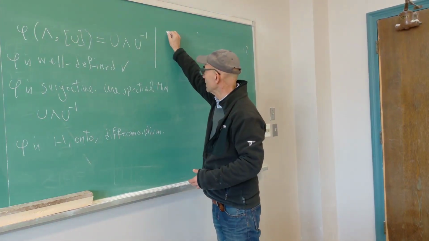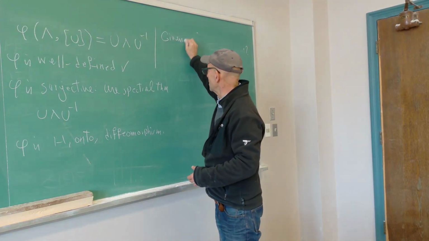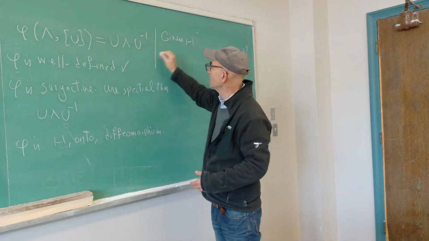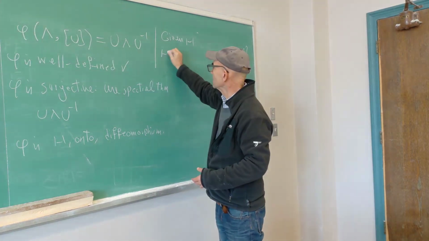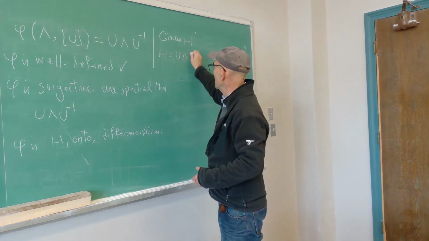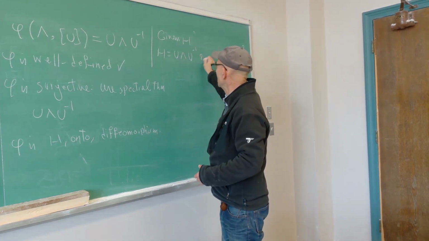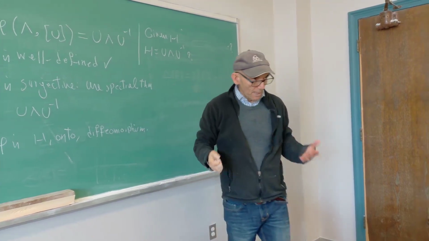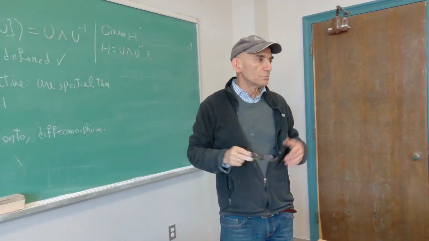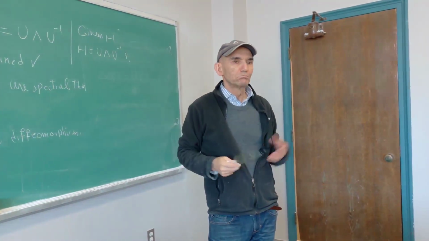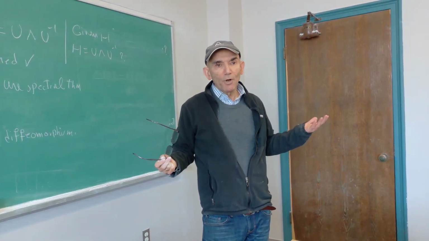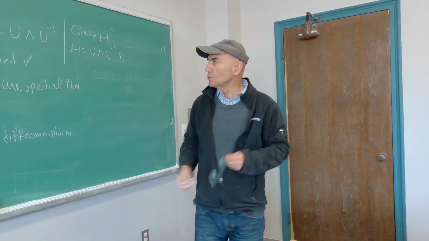So the question is, given H, how do you find U and lambda such that H is equal to U lambda U inverse? How do you find this lambda? How do you find this U? This is a linear algebra problem, right? So how do we do it?